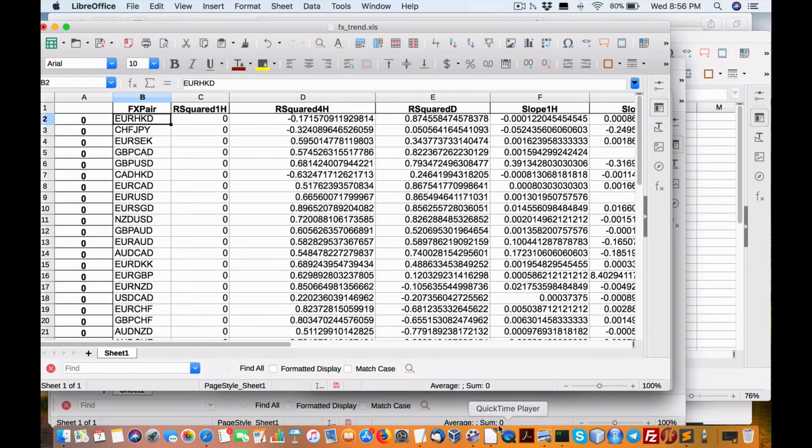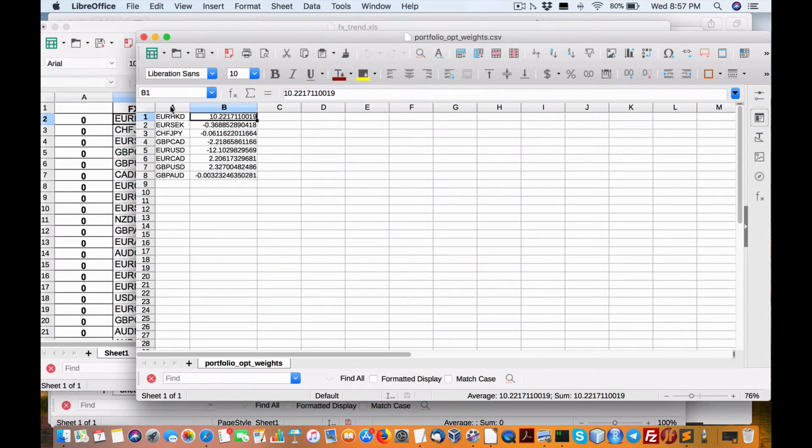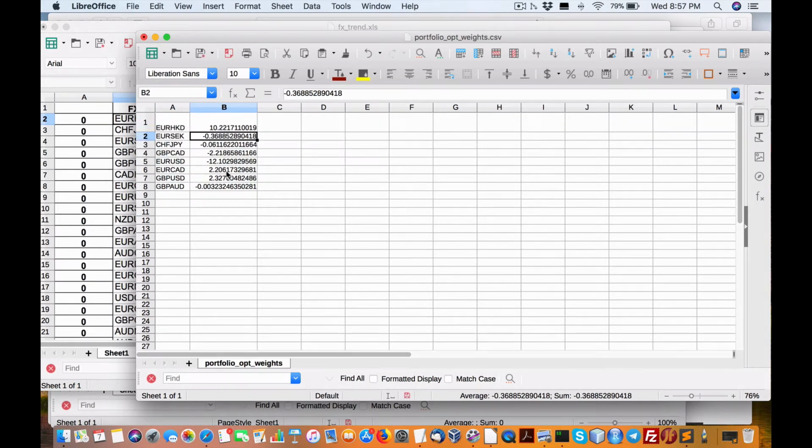So out of that, as I said, we should be able to optimize our weights for the next day based upon 10.22% should be allocated to the Euro Hong Kong. Meanwhile, all the rest of these for either longing or shorting will give us hopefully that expected return. And again, that's only based upon historical data.